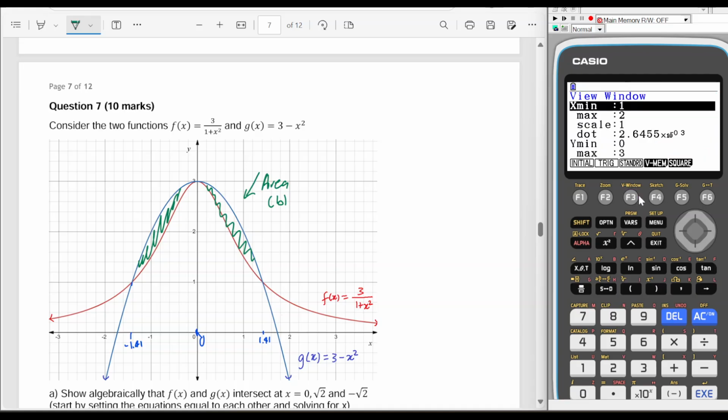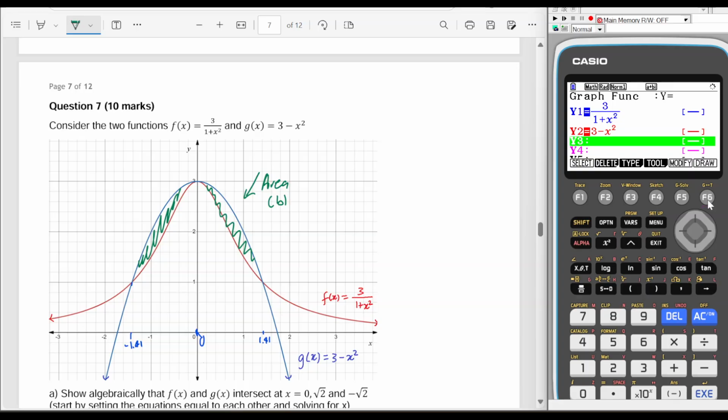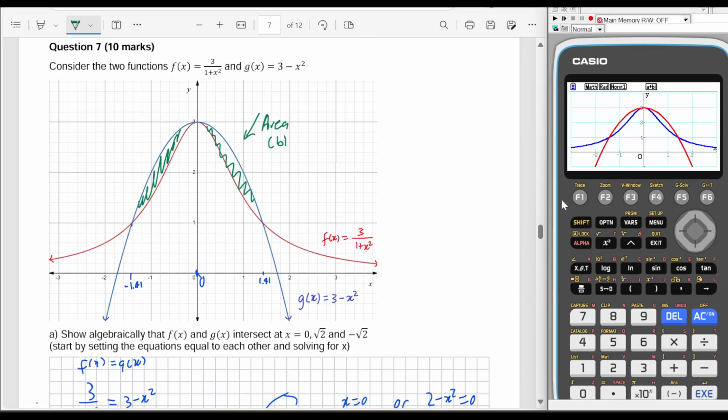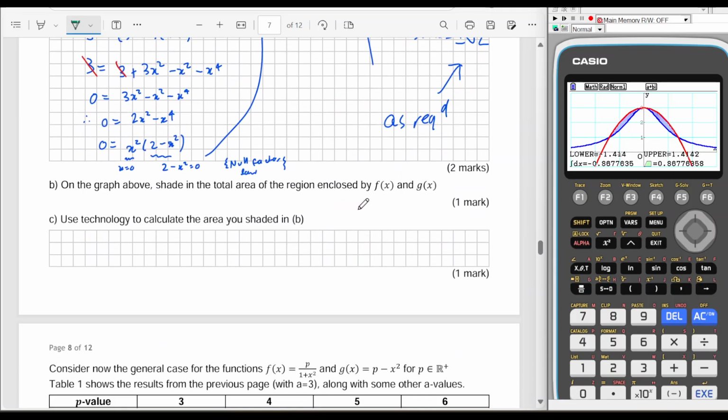So let's go into our window. We'll match the window the question gave us, so -3 to 3. And y can go, let's go -1 up to 4. And that should give us a pretty close match to what the graph actually looks like. Yes. And then if we go gsolve integral mixed, and I click the first entry, and I scroll across to the very last one, then I'm hoping I get 0.867 or 0.868.